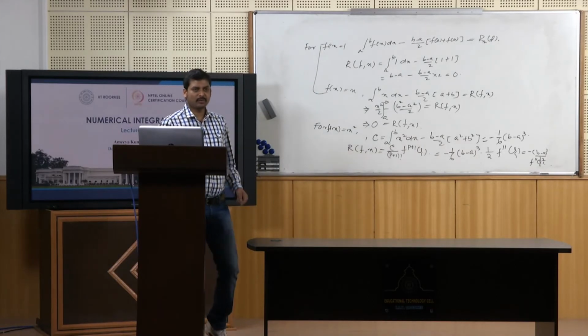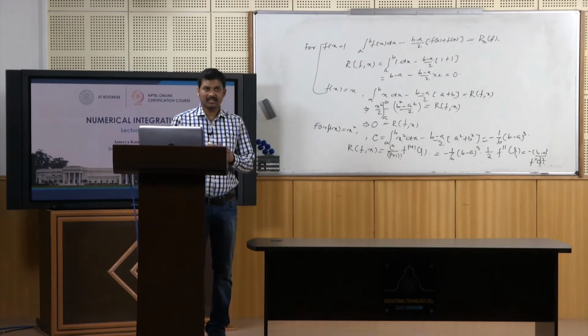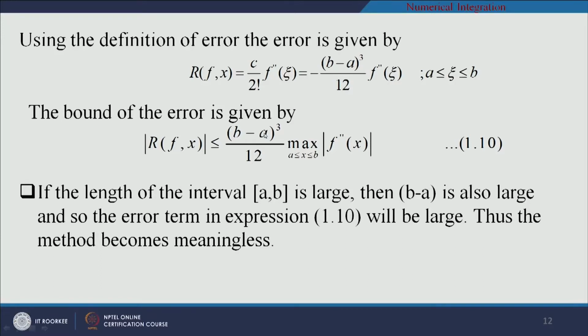And for the maximum bound of this error, the magnitude of R(f(x)) is less than or equal to (b minus a) whole cube by 12 times the maximum of f double dash of x.